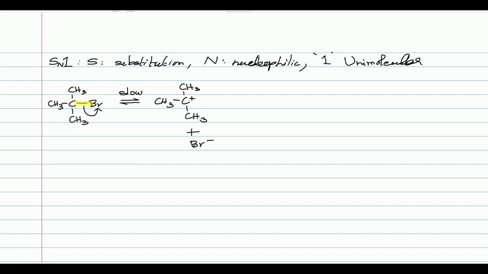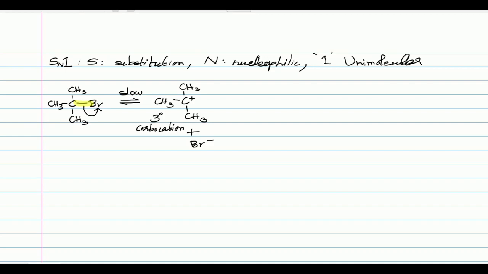Now, if you look at this carbocation, you will realize that it's a tertiary carbocation, and we have studied that tertiary carbocations are very stable. That is the reason why this reaction is much faster than what we would have expected if it had followed an SN2 mechanism.